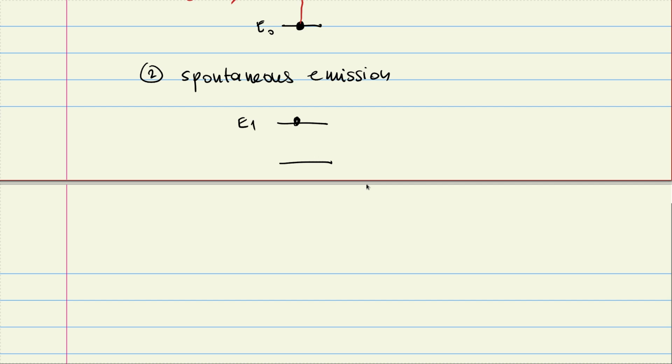Nobody wants to be in the higher state. And you just basically go down here at the expense of giving off radiation. And this radiation, h nu, is going to match, exactly like before, E1 minus E naught. This is where you spontaneously emit a photon.